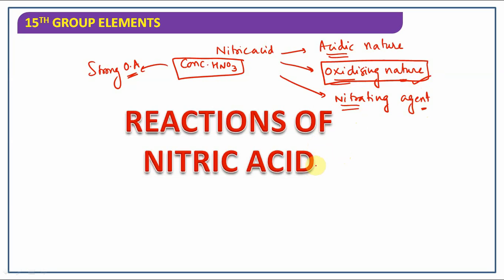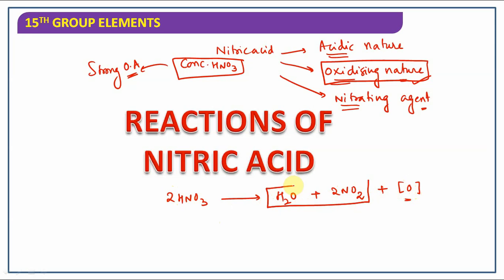So it can behave as a strong oxidizing agent. Why? Because it gives nascent oxygen readily. If you take nitric acid, it gives H2O plus 2NO2 plus a nascent oxygen. Because of the release of nascent oxygen, it can act as a strong oxidizing agent. During oxidation reactions, these two products are always the same.